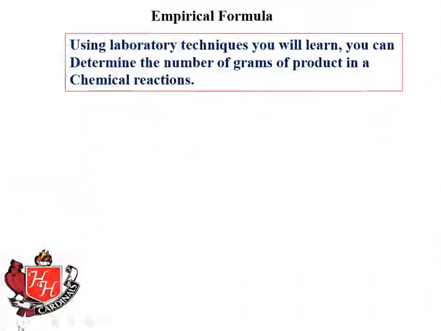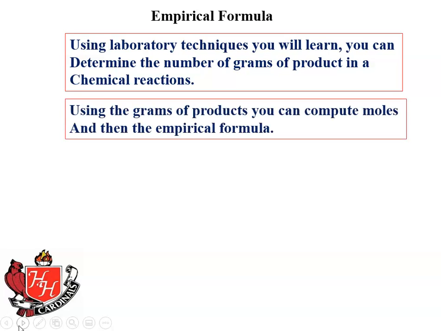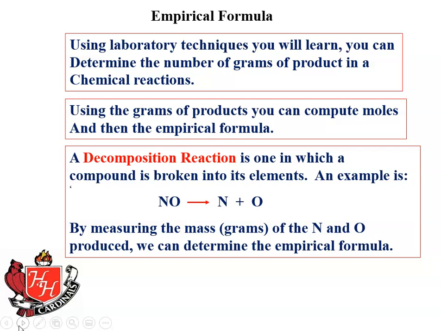So using laboratory techniques that you will learn, you can determine the number of grams of a product in a chemical reaction. So using the grams of products, you can compute moles and then the empirical formula. So this is an example of one of the 5 reactions we're going to study this week. A decomposition reaction is one in which a compound is broken into its elements.